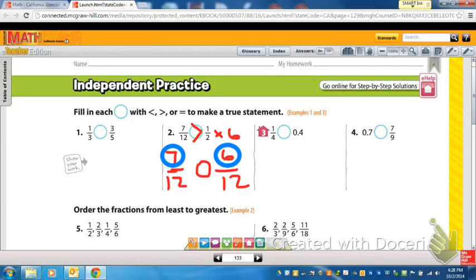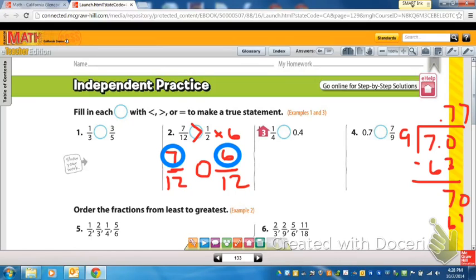Number 4, 7/10 and 7/9. We're going to change 7/9 to a decimal. So 9 times 7 is 63. Bring down your 0, goes into it again.